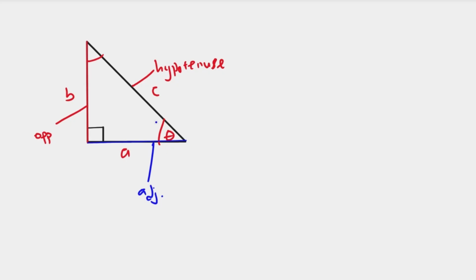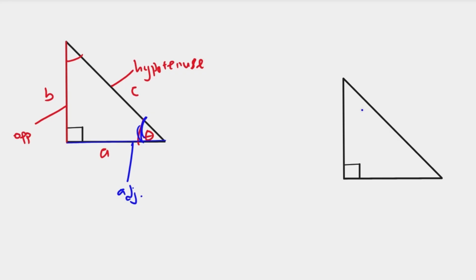Now, let me copy the same right angle triangle here and let's change the position of this acute angle and see what is going to happen to the names of the sides. Okay, so this is the same right angle triangle. This time, I want to change the position of the acute angle. So I want to put it here. So here is going to be theta.